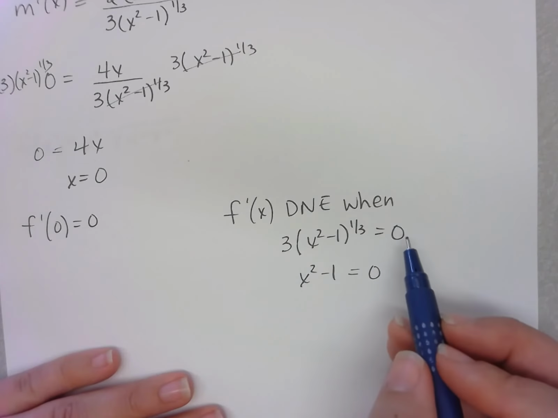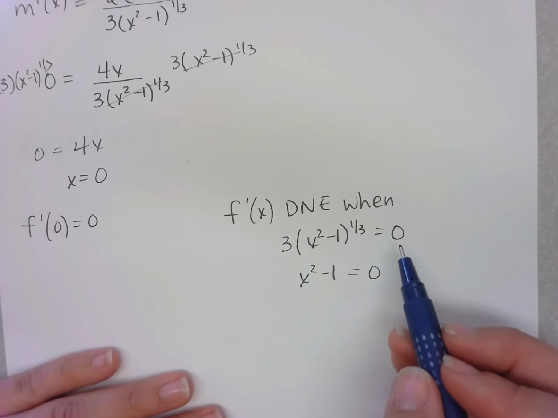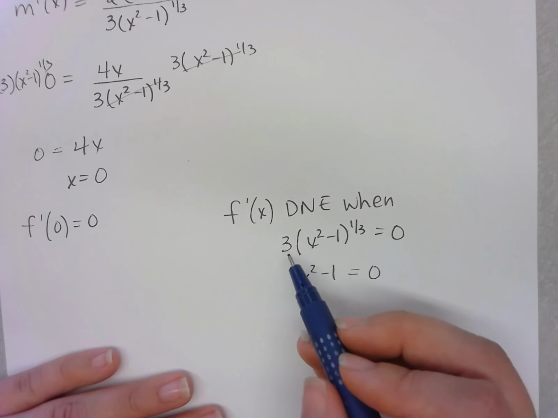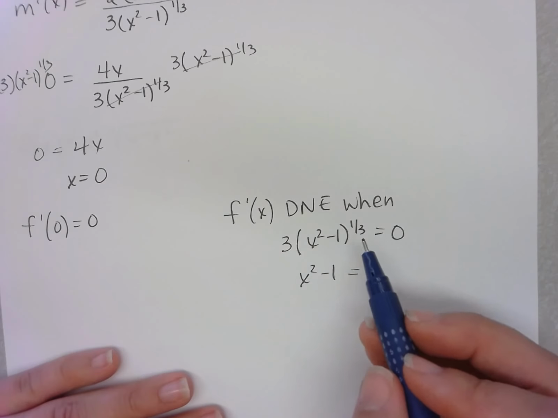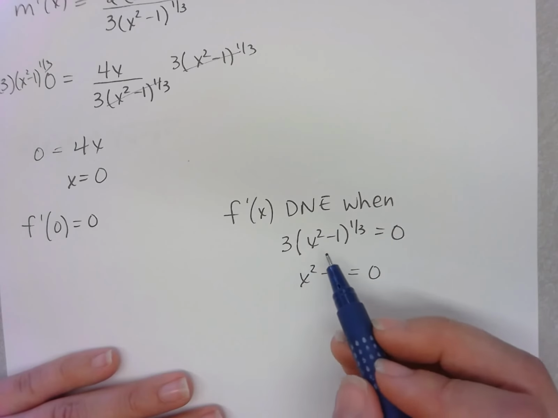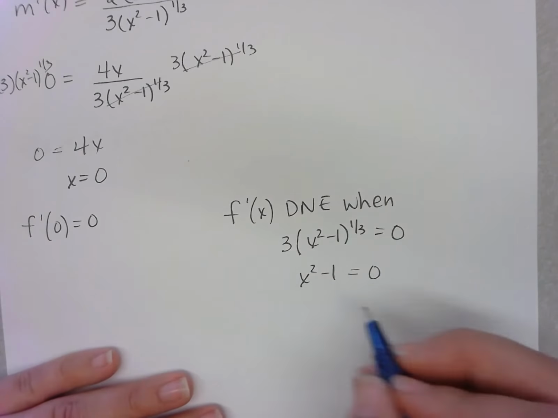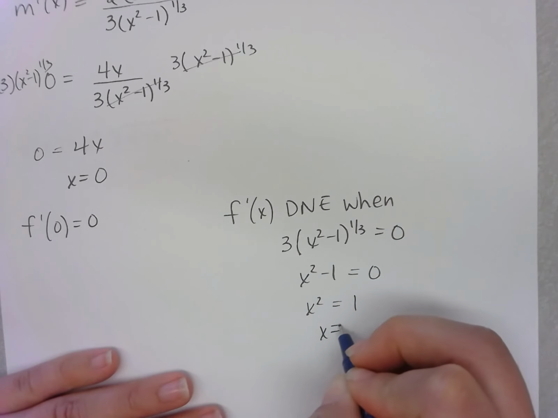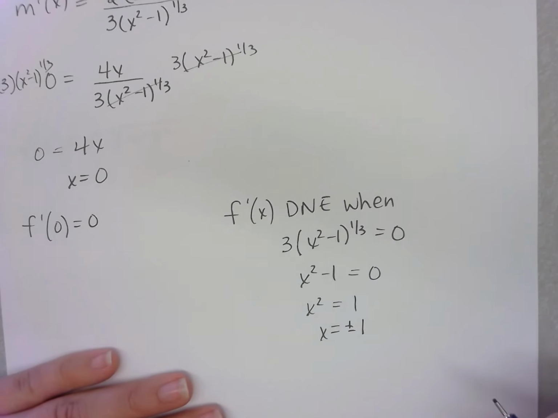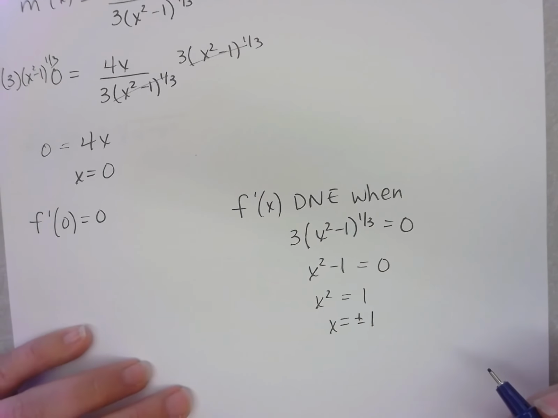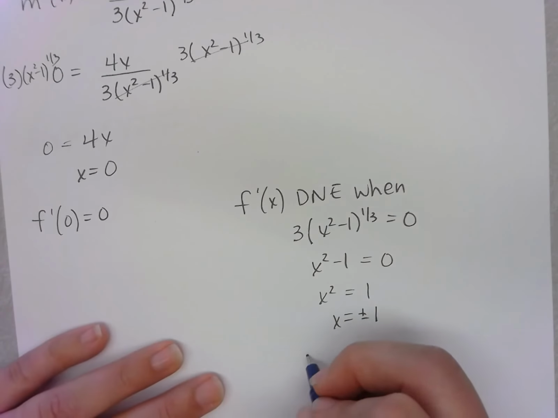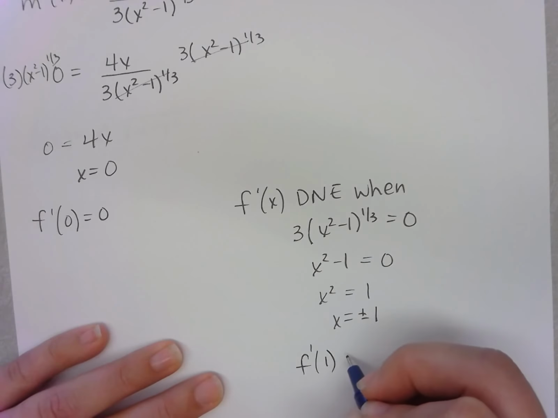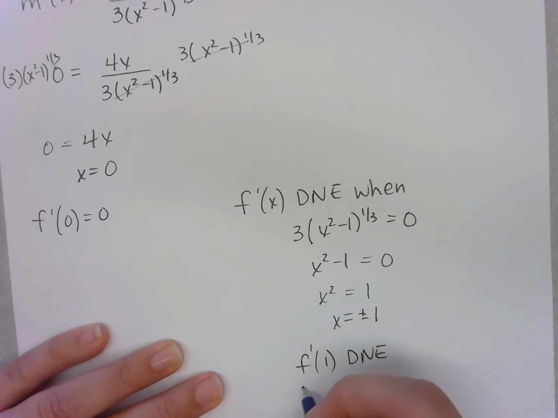Whenever I have 0 over here, I'm going to divide both sides by 3. It becomes 0 over here, it goes away over here. I'm going to raise both sides to the 3rd power. I get 0 over here, and I get x squared minus 1. And so this will be undefined when x squared equals 1, so x is equal to plus and minus 1. So I have 3 different places. So f prime of 1 does not exist, and f prime of negative 1 does not exist.